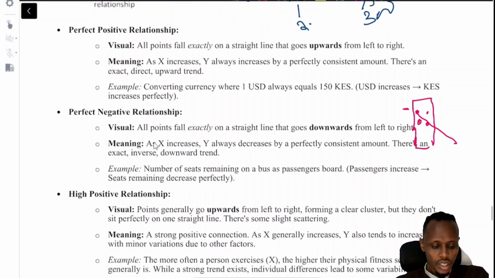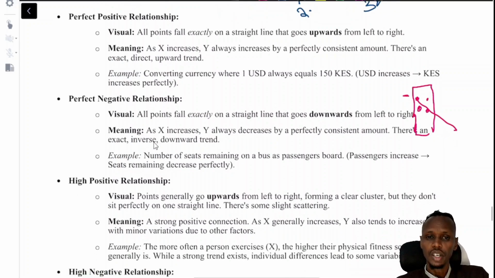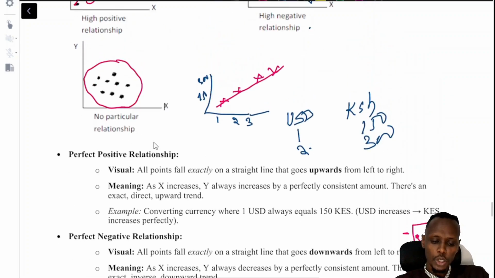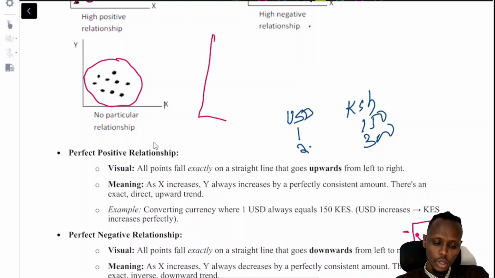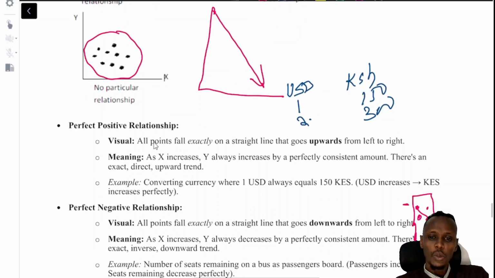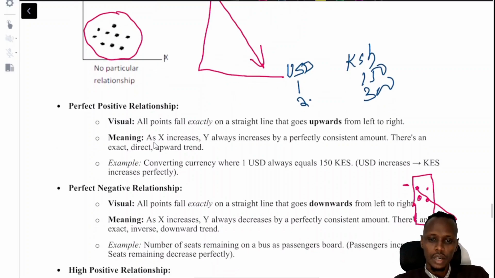The next one is perfect negative relationships. It is the opposite of the first one we have done, but it starts from this side and goes that way. What's a good example?